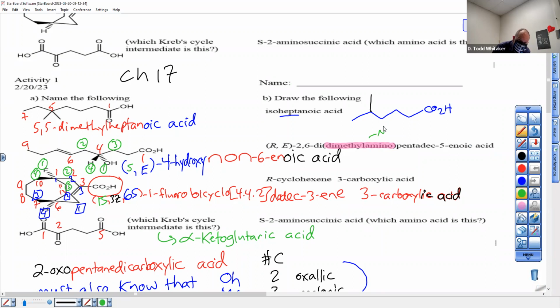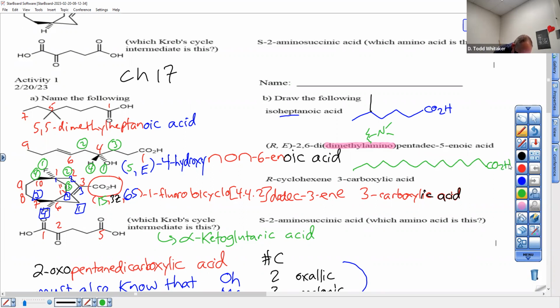It's in the parentheses. Just one? There you go. So whatever the chain is on the left there, and then we wanted to attach to 2 and 6. There's 2 of these things. So we're going to go pentadec. Finally, we got 15. 2, 4, 6, 8, 10, 12, 14, 15.